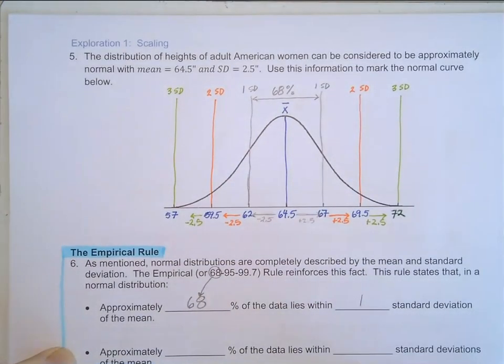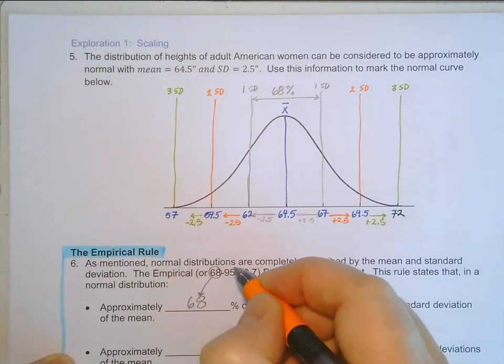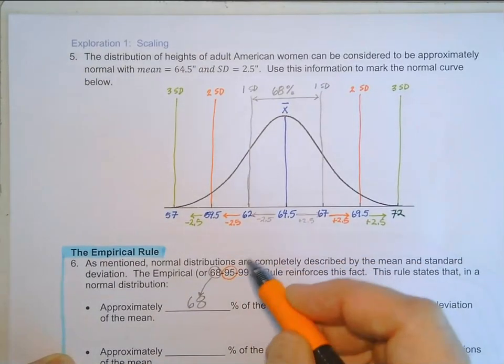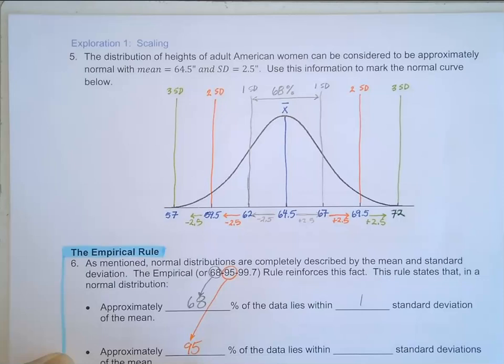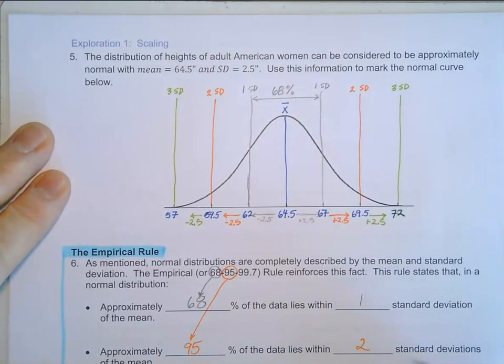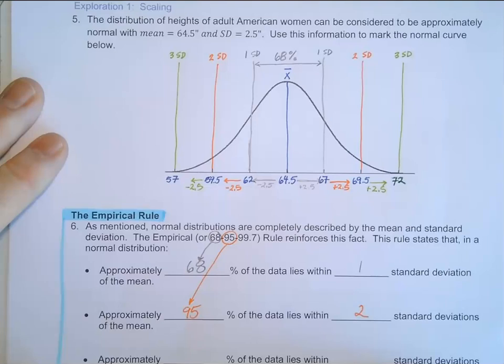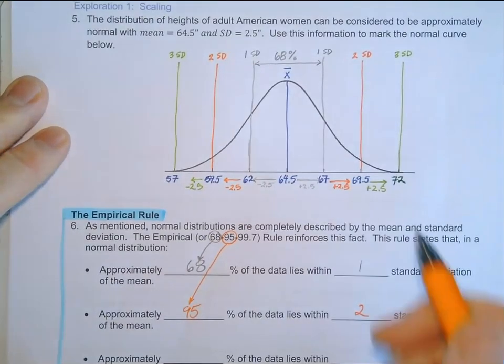It also tells us the rule states that the second number here, the 95, is going to go here. So 95% of the data lies within 2 standard deviations. Okay, so we can do that.